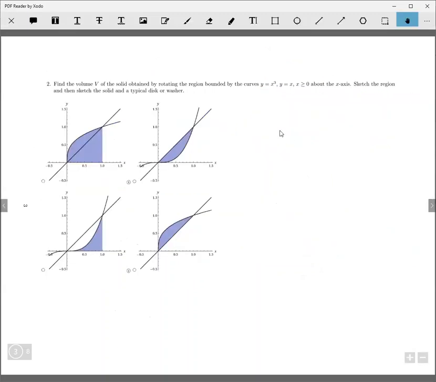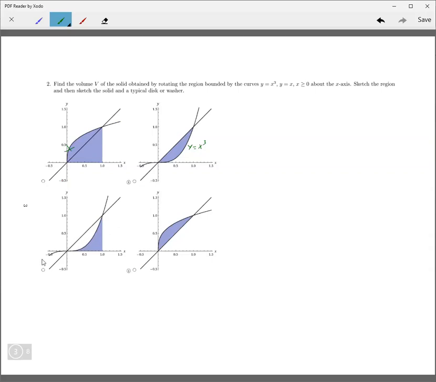Number 2. Find the volume of the solid obtained by rotating the region bounded by the curves y equals x cubed, y equals x, x greater than or equal to 0 about the x-axis. So we're looking at y equals x cubed. Okay, this looks like y equals x cubed right here. This is not, so that's out. This looks like y equals x cubed.